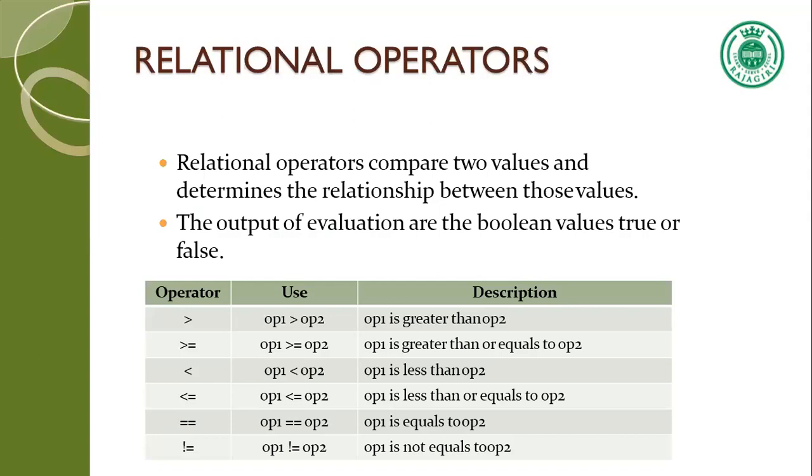Kindly go through the difference between the assignment operator and the equality operator. The assignment operator is a single equal to, while the equality operator is a double equal to.